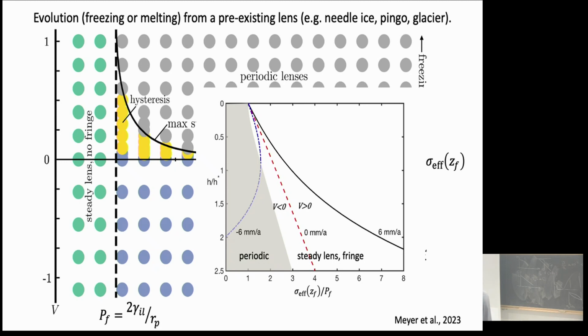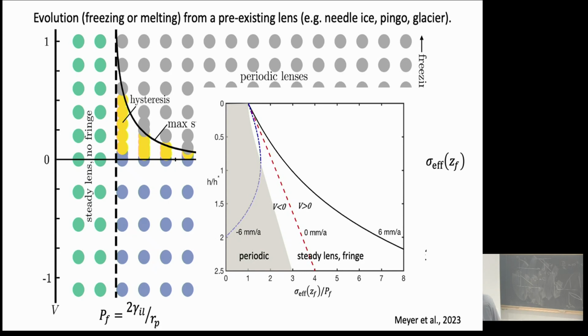And each of these curves is showing how the fringe thickness changes as a function of increasing effective stress, but at different rates of either melting for positive melt rates now in this case.